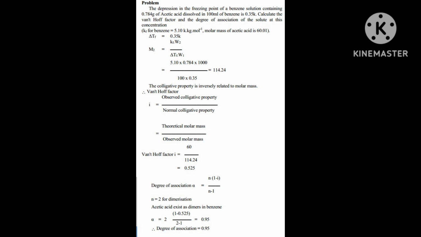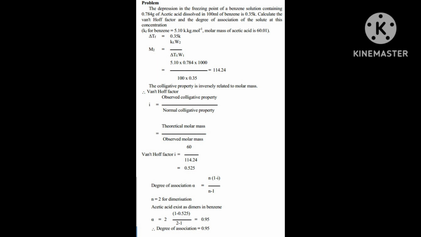You know the n value. For calculation purposes, think that 1 mole gives 1 mole acetate ion and 1 mole hydrogen ion. Then n moles will give n moles acetate ion and n moles hydrogen ion.